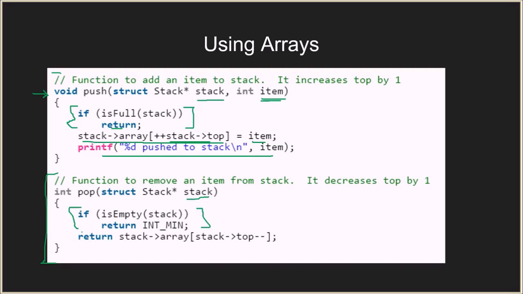Otherwise, if the stack is not empty, then what we do is we return the element which is at the current top. So this element will be returned, and then we basically decrement the value of the top.